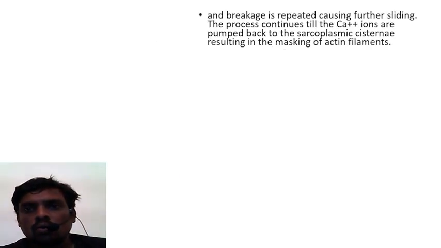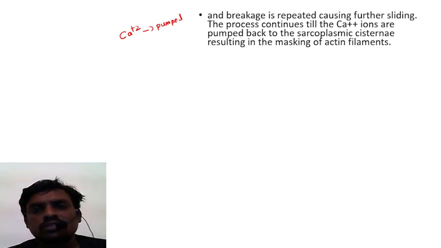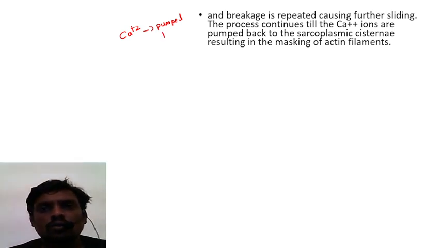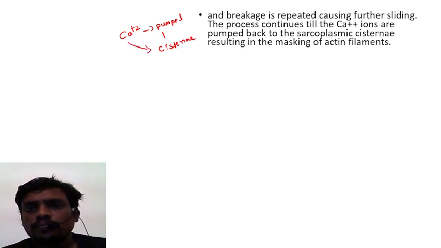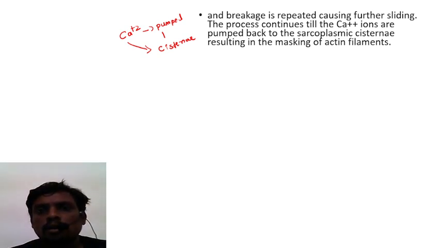Now, the process continues till the calcium ions are pumped back to the endoplasmic reticulum, which is otherwise called the sarcoplasmic reticulum, that contains cisternae. So these calcium ions should go back to the sarcoplasmic cisternae, resulting in the masking of actin again.